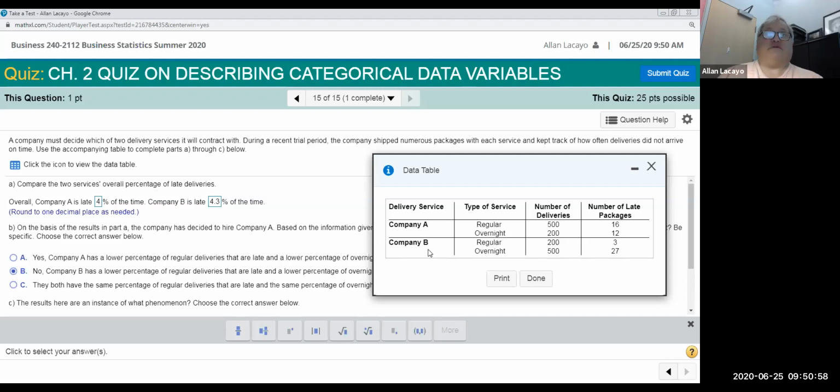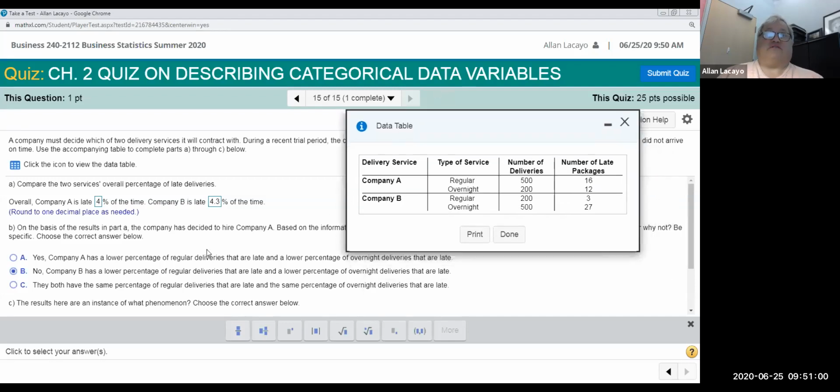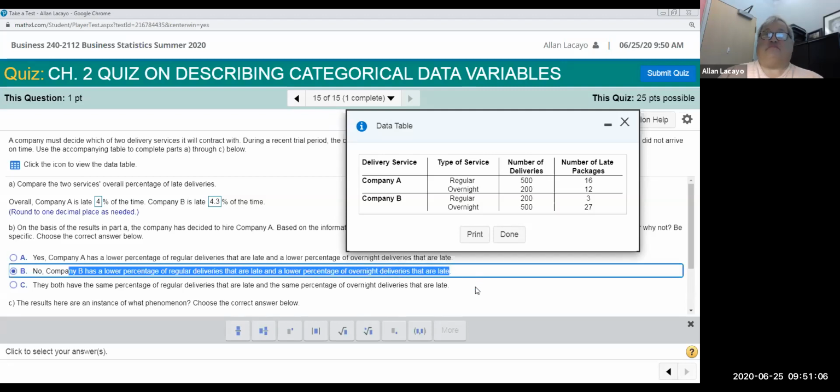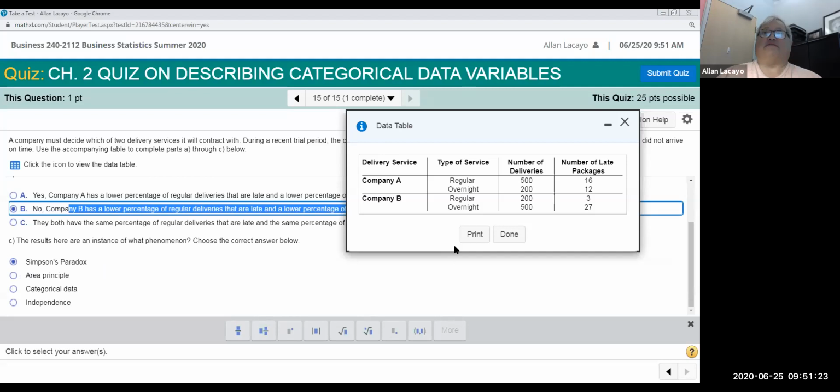So again, Company B turns out to have lower rates of late deliveries in both categories. Company B is better at delivering regular packages as well as overnight packages. But when you lump the two data values together, because their frequencies are so different, a reversal occurs at the overall rate, creating a Simpson's paradox.